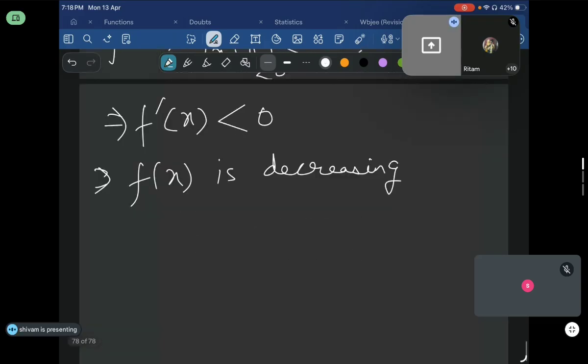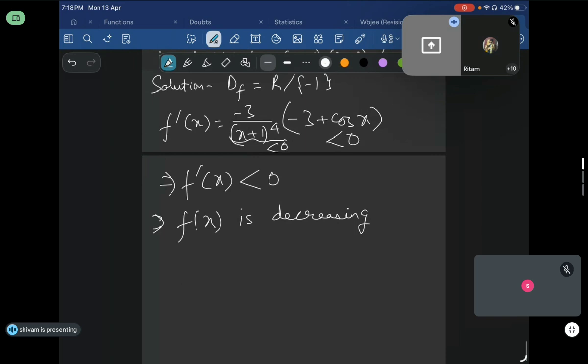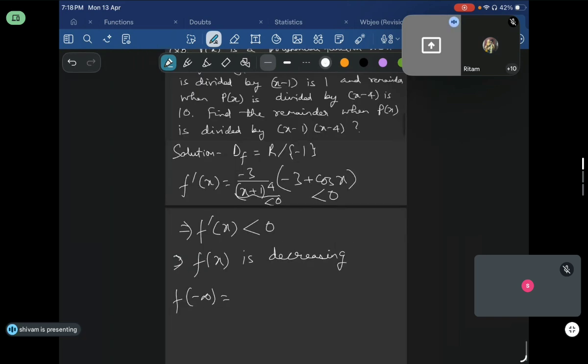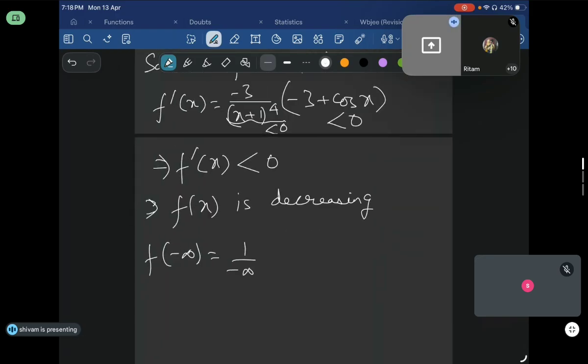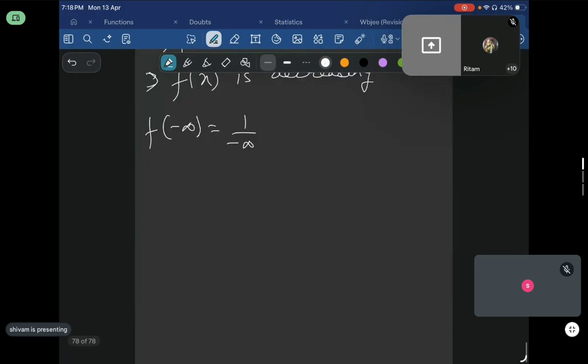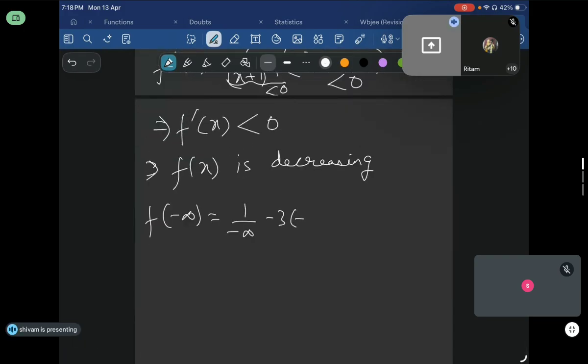Now let us find out its functional value at some points. So everyone, what is f of minus infinity? f of minus infinity will be equal to 1 upon minus infinity, minus 3 into minus infinity plus sine of minus infinity, which will be plus 3 infinity plus 0. So this will be infinity only. Are you people getting?